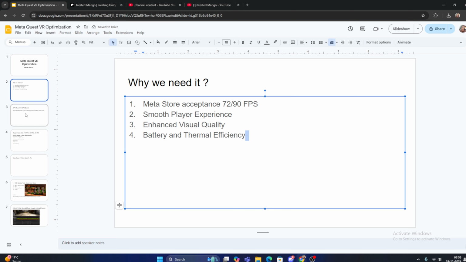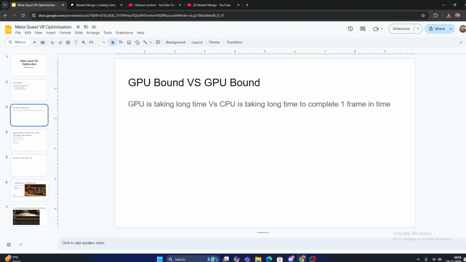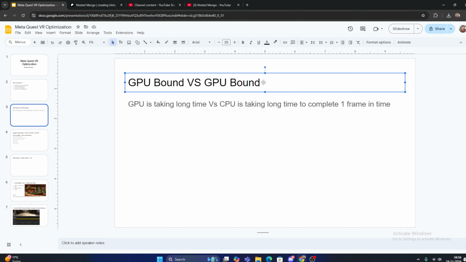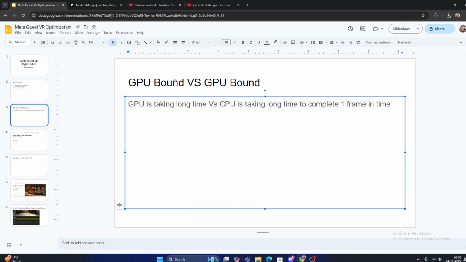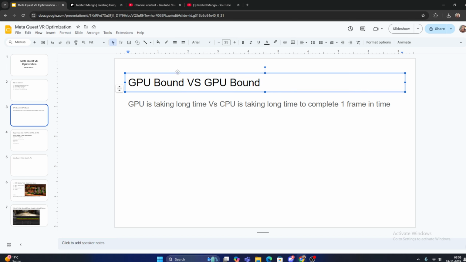So let's move further, and the next is GPU bound versus CPU bound. If you are optimizing for anything, these terms are very common, so you have to understand them and you will use them for all your platforms. But for the Meta Quest devices, the most common thing is GPU bound, and I have written CPU, but it should be GPU.